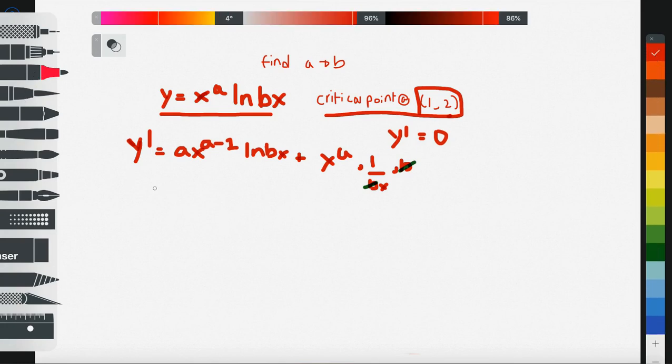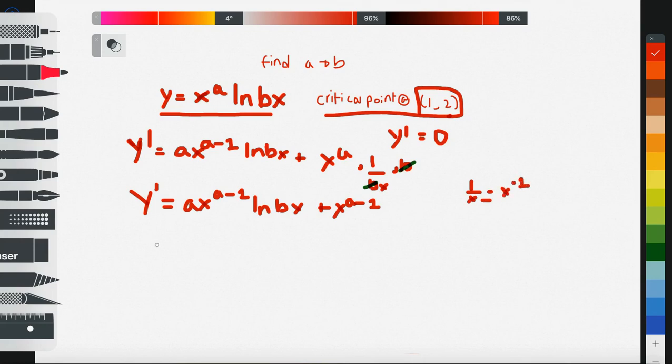to be y prime equals a times x to the power of a minus 1 times ln(bx), plus x to the power a minus 1, because we know that 1 over x is equal to x to the minus 1.